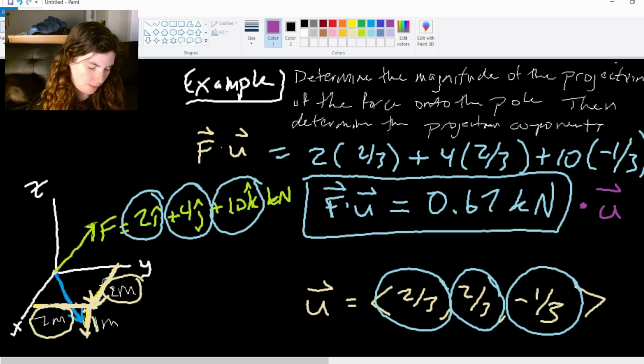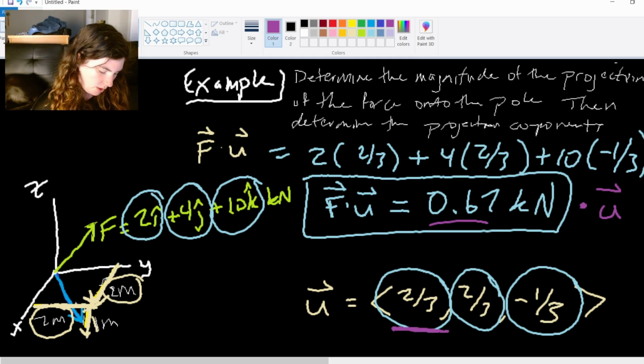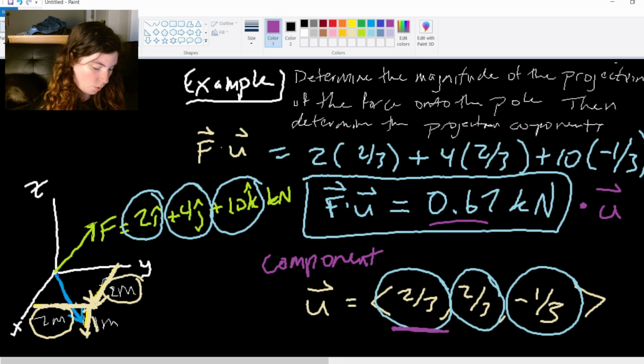So if I multiply it by u, then I get 0.67 times 2/3, 2/3 times 2/3. So I will end up with the projection components.